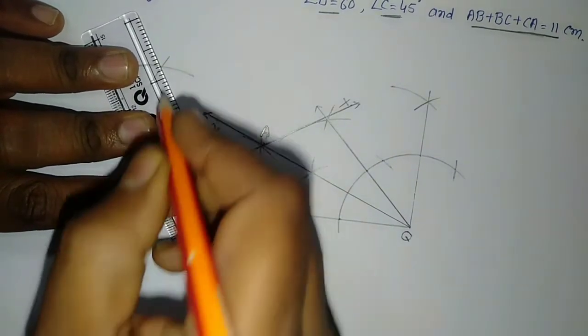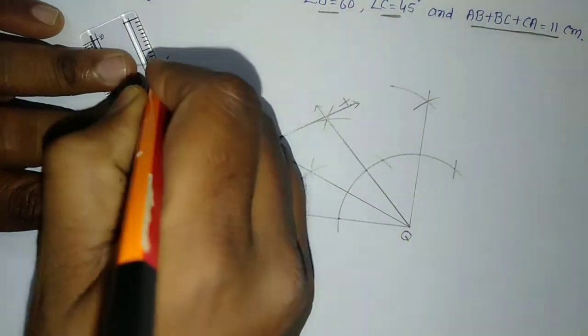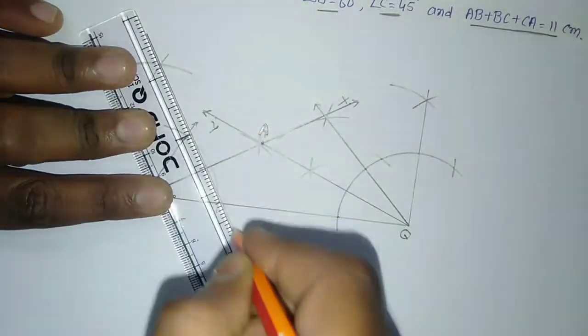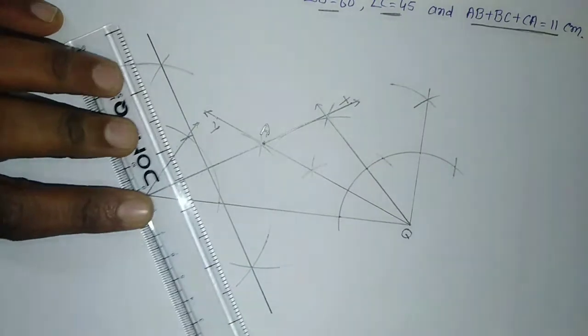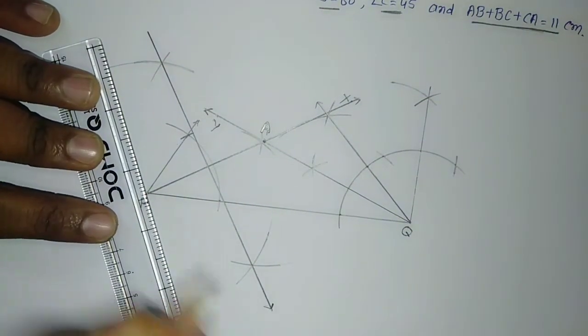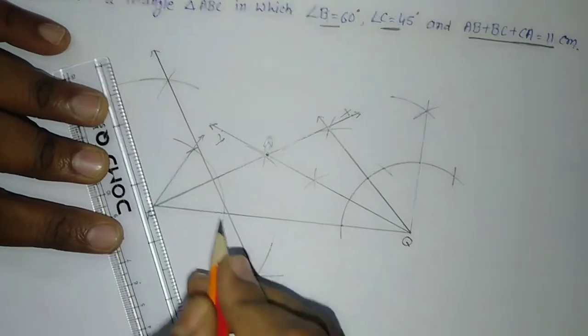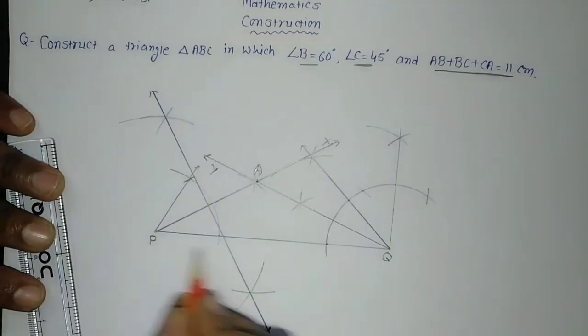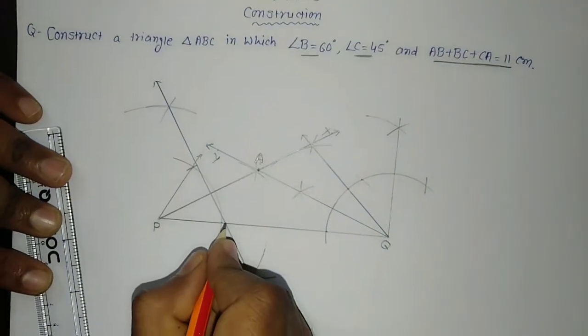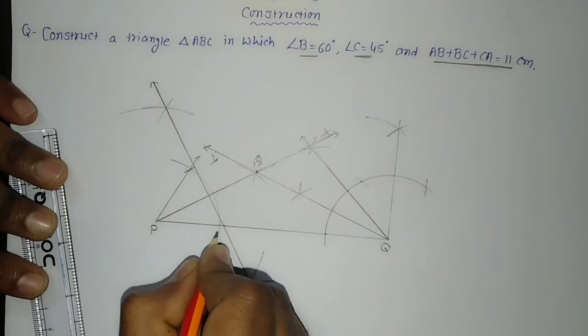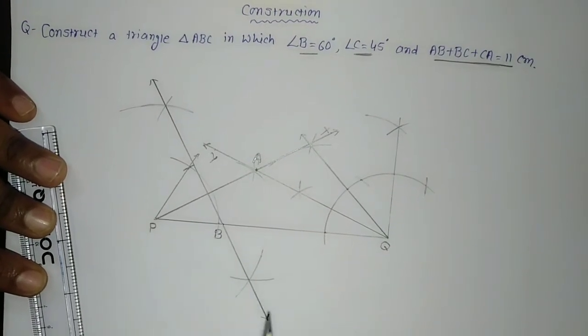This is an intersecting point, and here this is an intersecting point. I have drawn the line through these two intersecting points. This line intersects the line segment PQ at this point, that I will give the name point B.